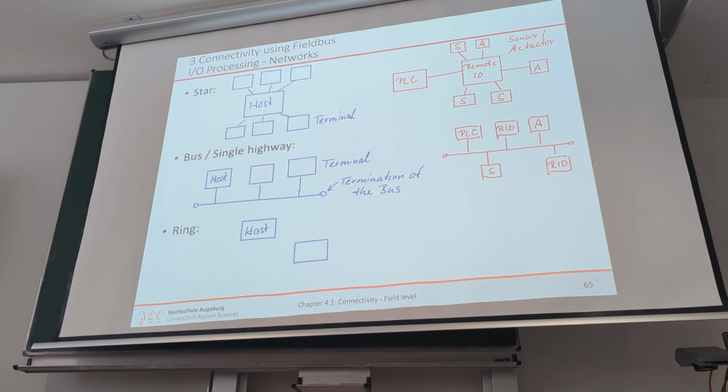And then we have actuators just in a ring. So the host communicates to the first terminal, and that terminal communicates to the next, and so on. So the signals are always passed through the terminals until they are back at the host.